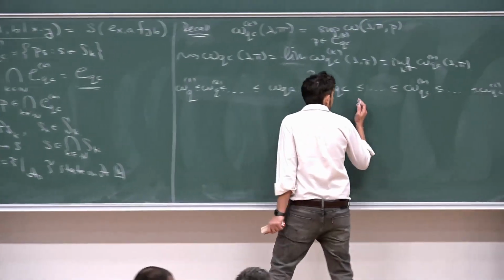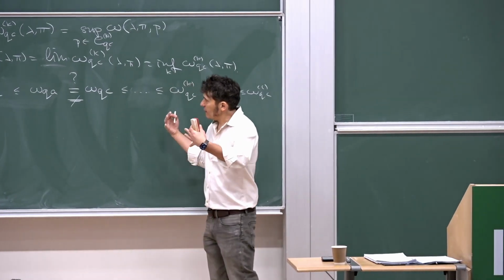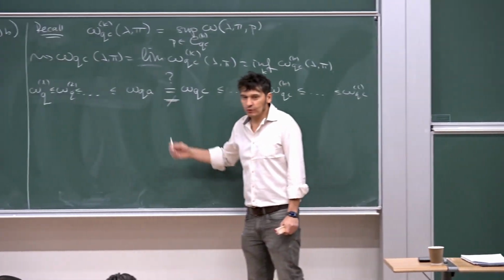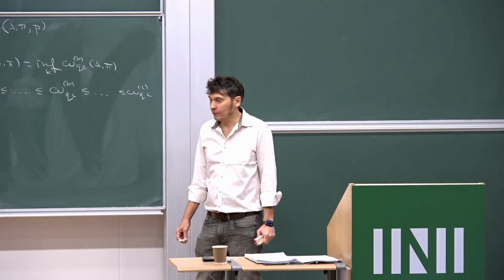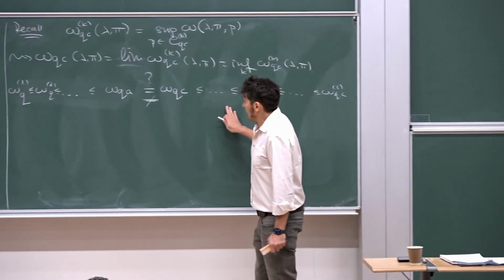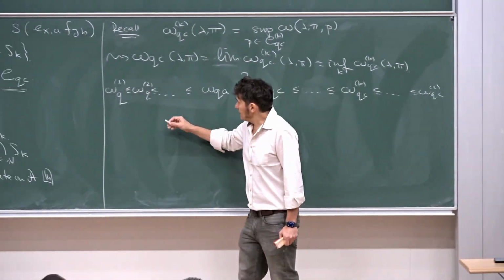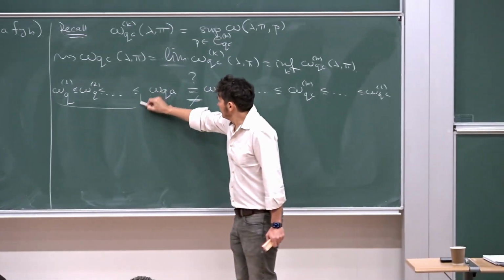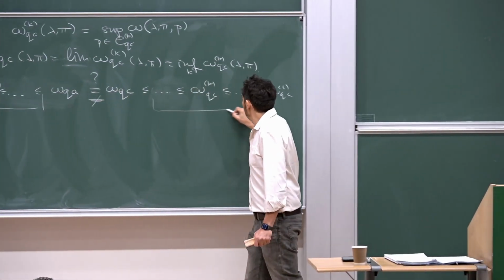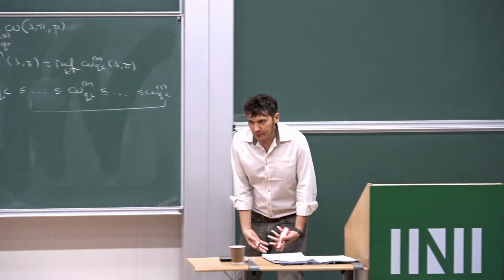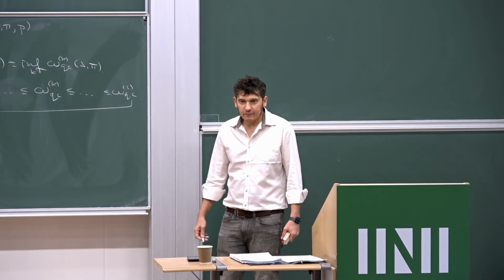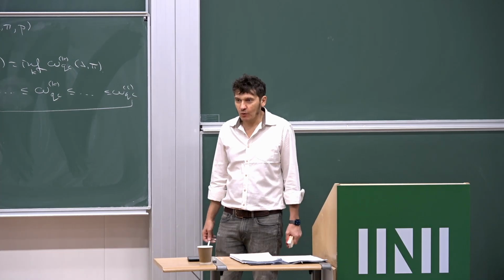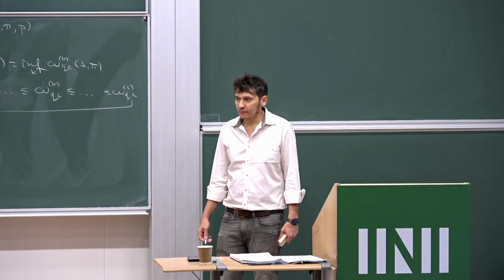So this hierarchy is coming from both sides approaching these two values. This is one of the things used in the paper MIP star equals RE. The advantage here is that all these are good for computation. They are amenable to complexity theory, to computations, verifiability.